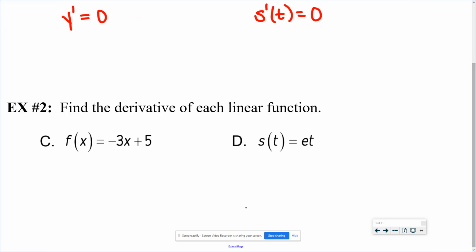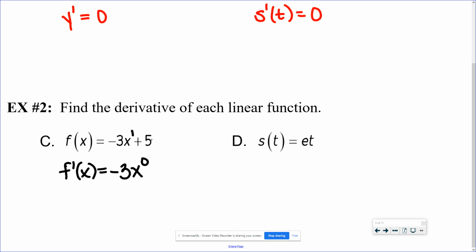Watch what I mean. This would be negative 3x to the first power, right? So I'm going to use the power rule, which says to take the power to the front and multiply. This would be f prime of x, by the way. So 1 times negative 3 would be negative 3. And then subtract 1 from the power, and this would become a 0.